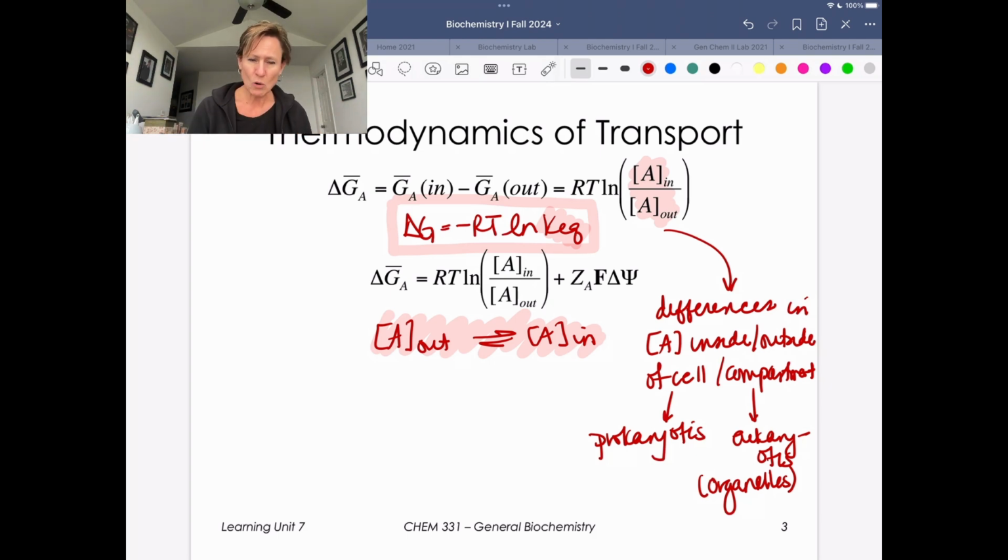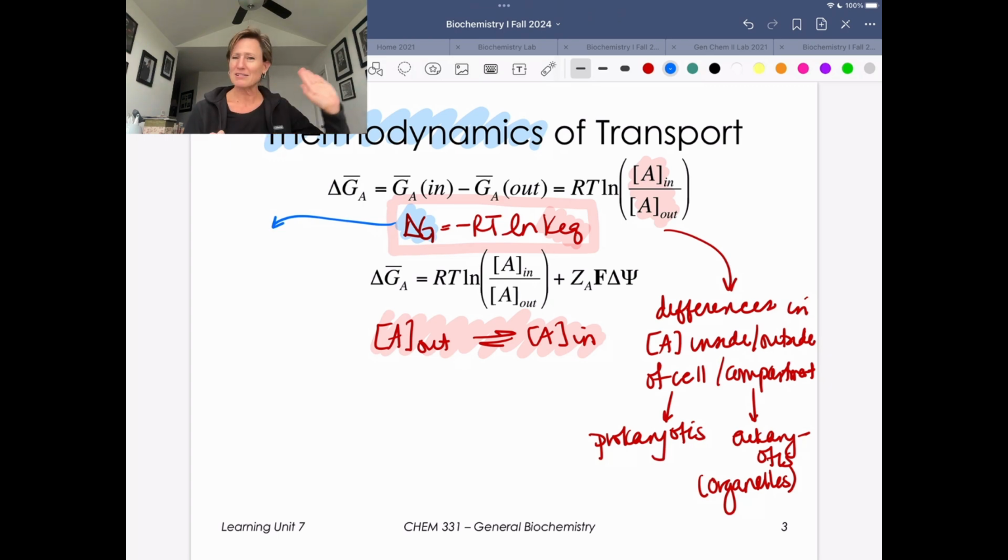Okay, so I want to highlight another piece to think about. When we're talking about thermodynamics, we are really talking about free energy. That delta G really has two parts to it.